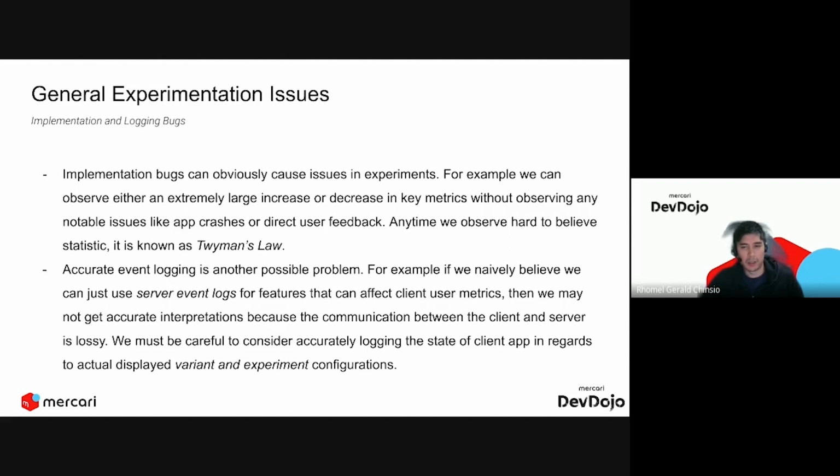Twyman's law basically states that anytime you observe some effect, so you measure something, like let's say you're measuring sell-through rate, so how much sellers are able to actually sell items when a buyer's interested, and you notice a really large increase in sell-through rate from launching your experiment, this is most likely not due to your actual experiment.